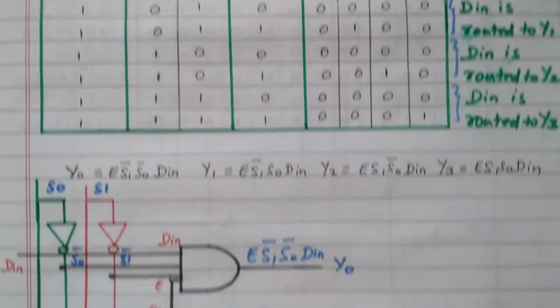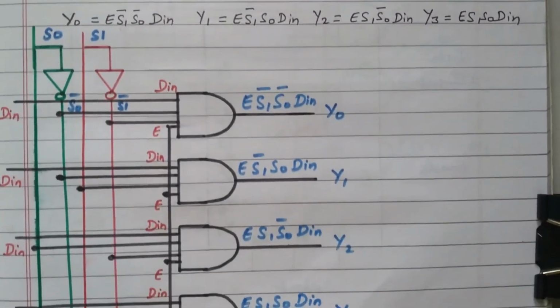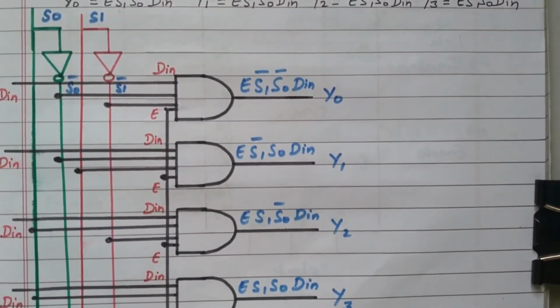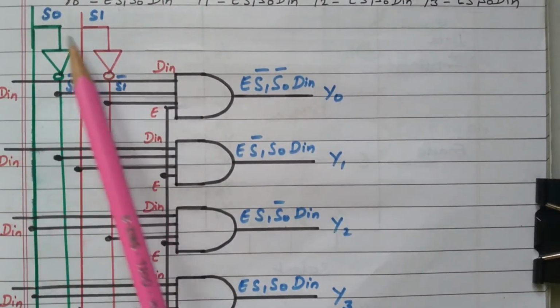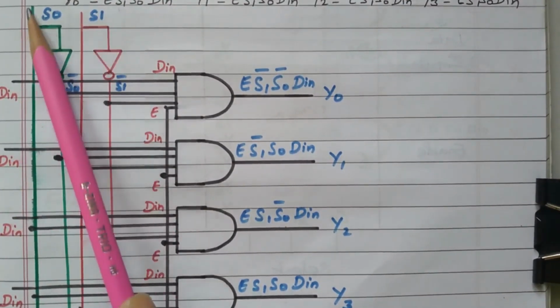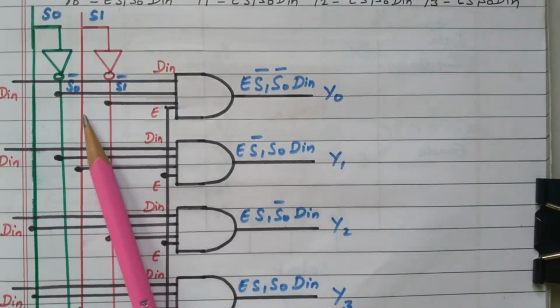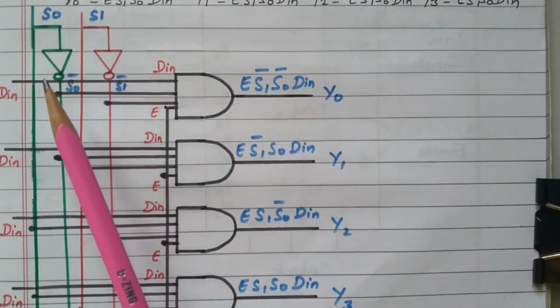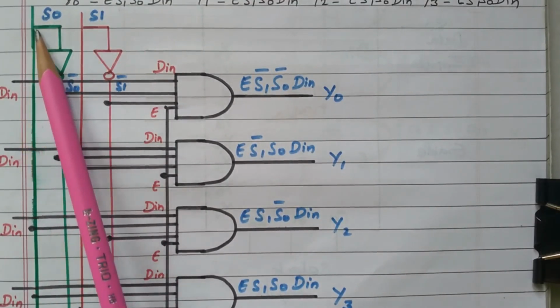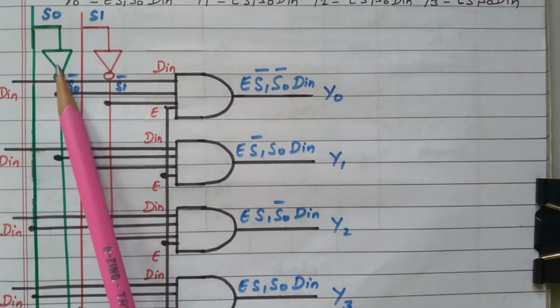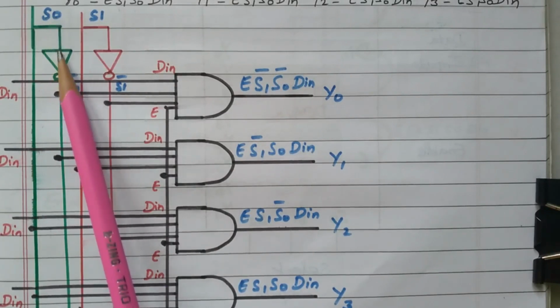Now we will see the logic diagram. So we have the selection lines S0 and S1. This green color is the selection line, this red color is the selection line S1. This is S0 and S1. Right. So a tapping is taken and one NOT gate is connected, so after the NOT gate we get S0 dash.